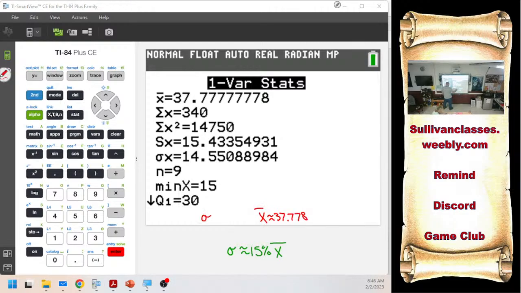I have a standard deviation at about 14.551. Just looking at those two numbers, is 15-ish going to be more or less than 15% of 38-ish? Way more. It's going to be like 40% plus. Now you just go back to the main screen and you do 14 and change divided by 37 and change, and it tells you a number way bigger than 15%.